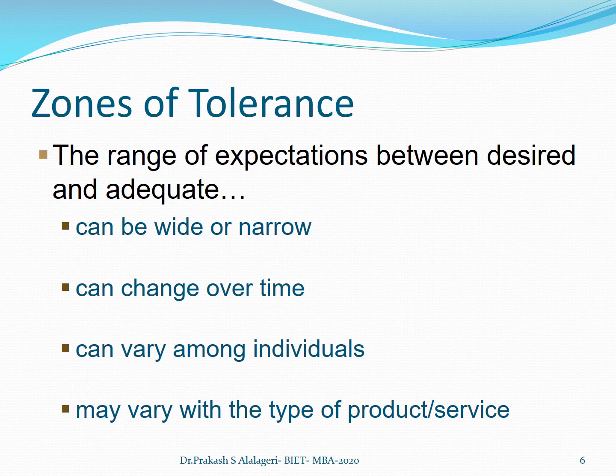It might be wide or narrow, or it might change over time, or it can vary among individuals, or it might vary among types of product or service. Say, for example, you go to a beauty parlor, or you go to buy jewelry, or you go to buy a cake, or you go to a fast food outlet.